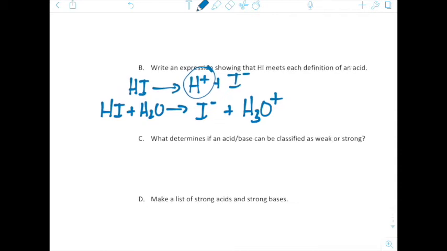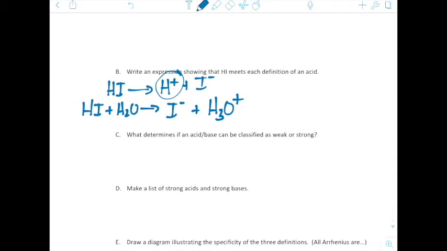And then lastly, with our Lewis definition, what we would say is drawing the Lewis dot structures. We would draw HI with the bonds already here, and water with its electron bonds and its lone pairs on top and its hydrogens.